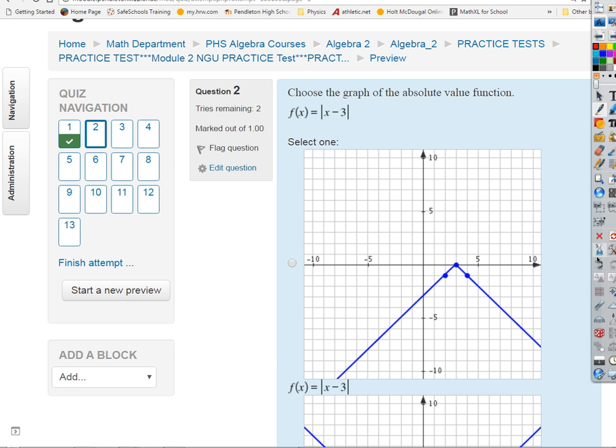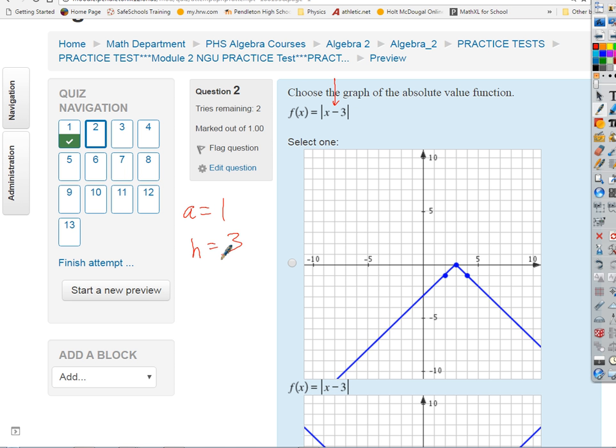And what is H? You've got to be careful with this one too. What do you think? It's 3. It's not -3, right? Because H is what is being subtracted from x. So just like we've always done with transformations, remember that H is going to have the sign that's opposite of that. So H is 3. What's K? 0.